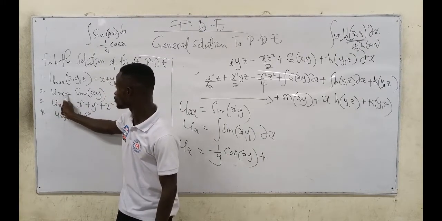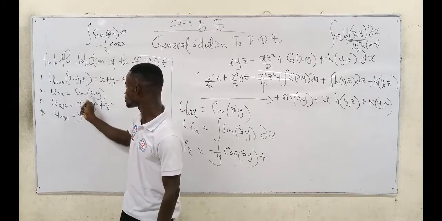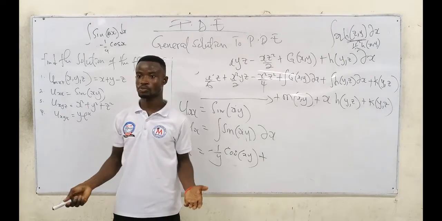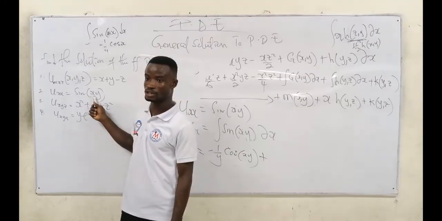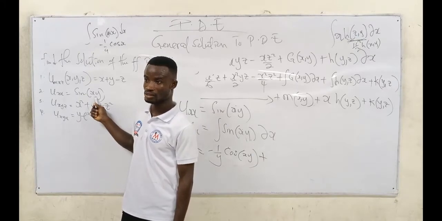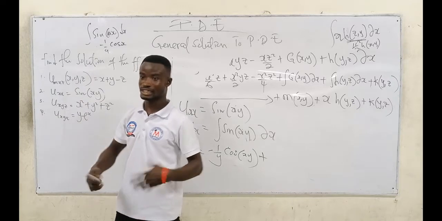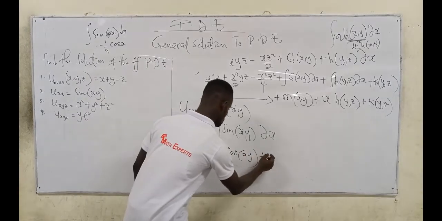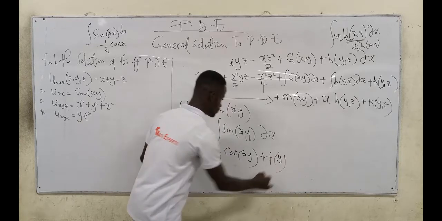This one is not like this. So what you see is what is supposed to be there. The independent variables are only x and y. Since it's not defined here, the constant will be a function in terms of y.